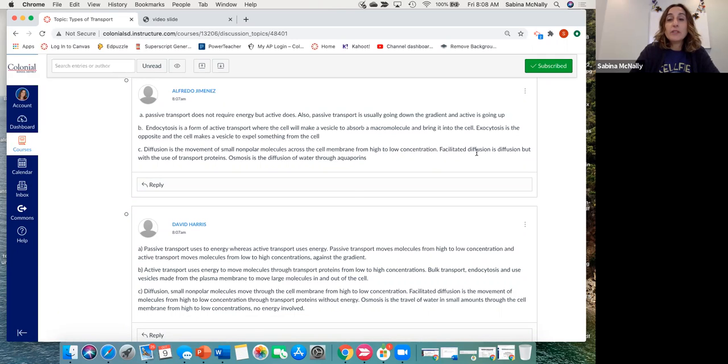Facilitated diffusion is diffusion, but with the use of transport proteins. Very nice. So that would be for the large polar, right? And osmosis is the diffusion of water through aquaporins through a selectively permeable membrane as well.